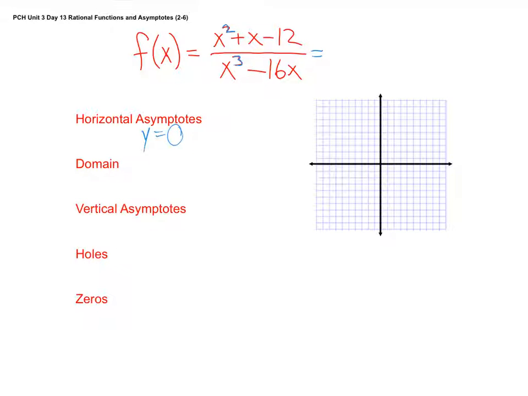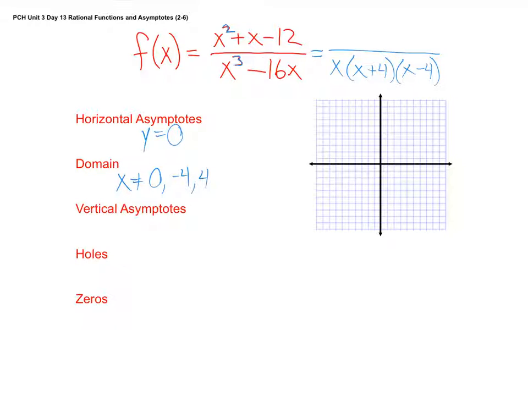Let's factor our denominator. Factor out an x, and then you have x squared minus 16, so that factors into x plus 4 times x minus 4. We'll get to our numerator in a sec, but right now we can say that our domain is that x cannot be 0, -4, or +4.